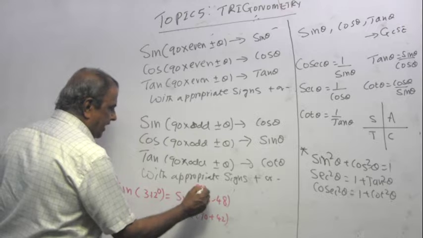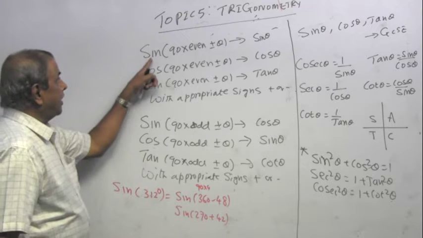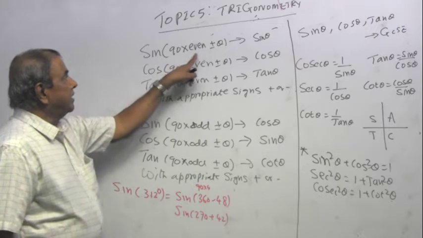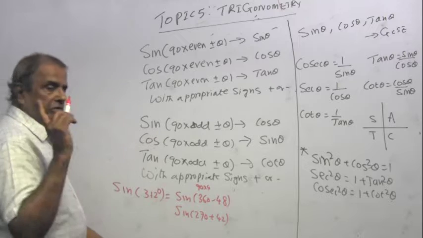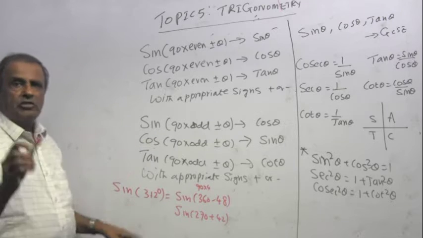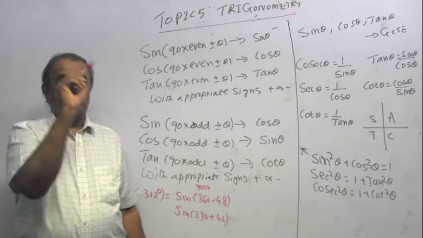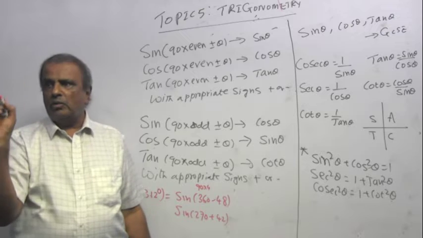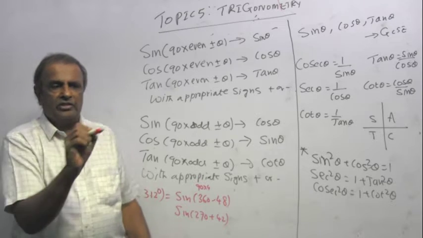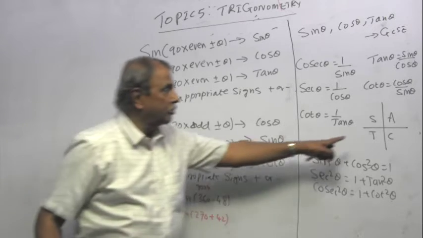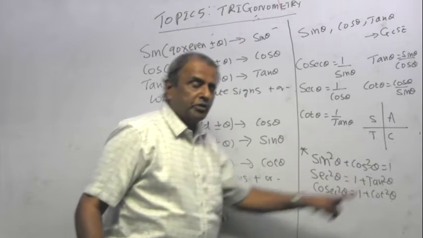360 is 90 times 4. Sine of 90 times even, sine remains as sine. But before we go there, 312 degrees: 0, 90, 180, 270, 360. 312 is in the 4th quadrant, where cos is positive.